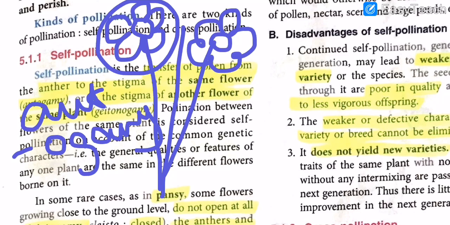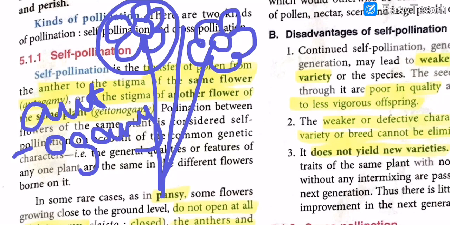When we are talking about self and cross-pollination, we don't care about the flowers. Again, I'm repeating this, we do not care about the flowers, but we care about the plant, okay? Pollination between flowers of the same plant is considered self-pollination on account of the common genetic characteristics, that is, the general qualities or features of any one plant are the same in different flowers.